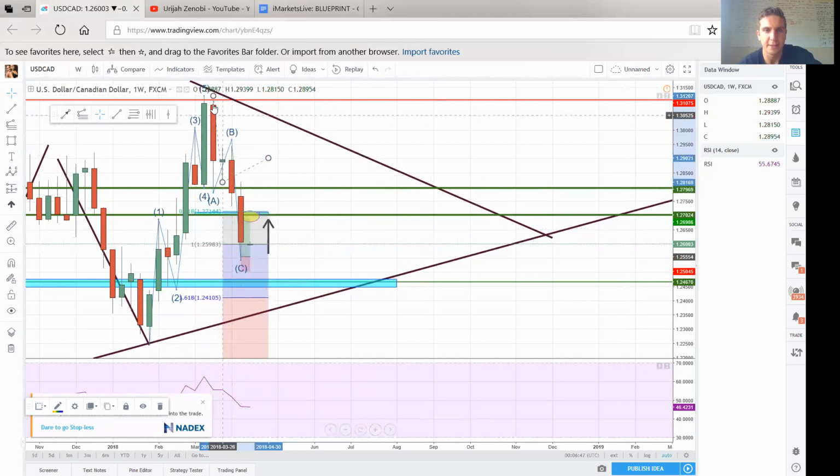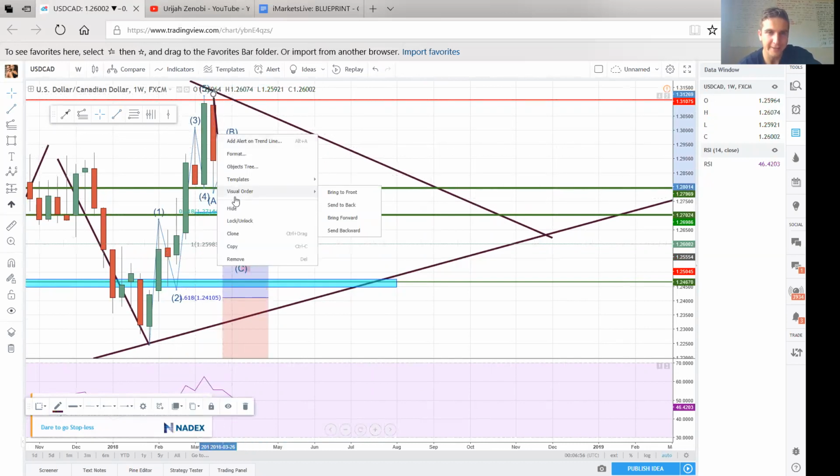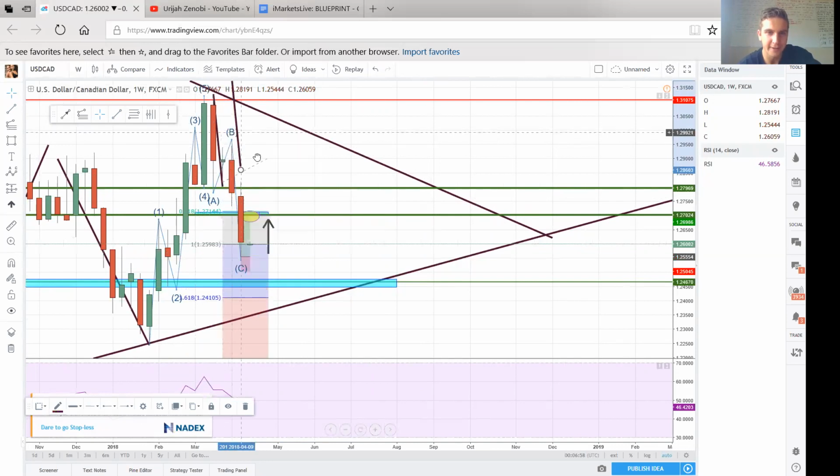Okay, perfect. So you see here, this move down. I'm going to clone it just to show you a better visual, and bring it just like that. And look at that, guys, 100% of the move.